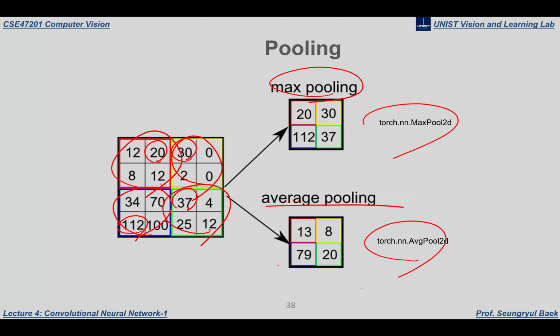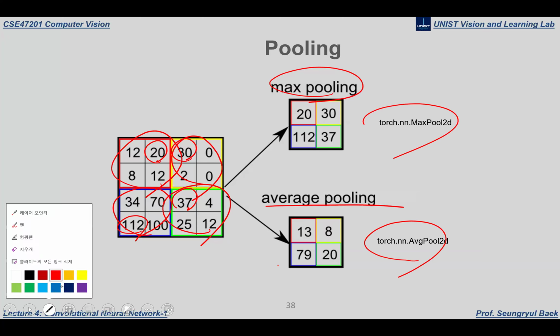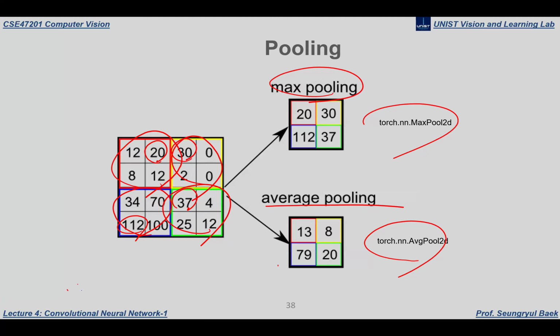But you have to understand why this is differentiable. If you pick this value 20, for example, in the max pooling case, out of these 4 values, it is actually the same as multiplying 0 to the other values and multiplying 1 to 20.